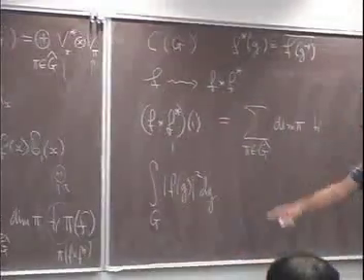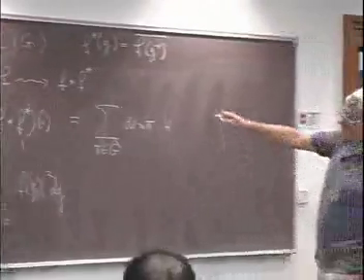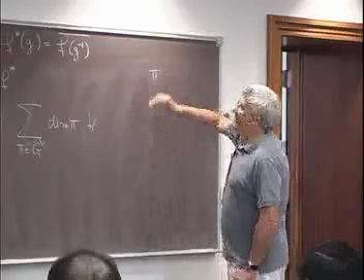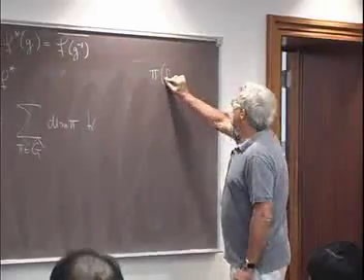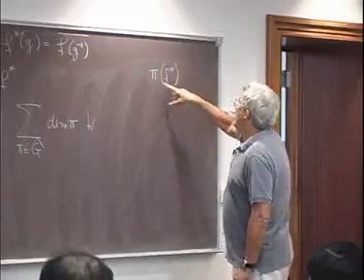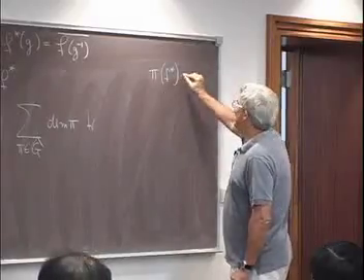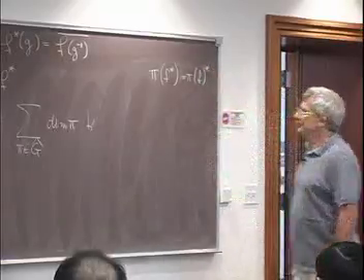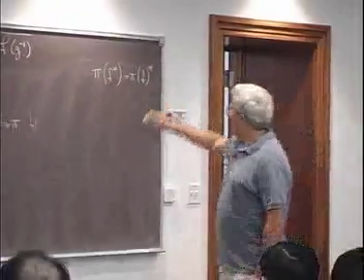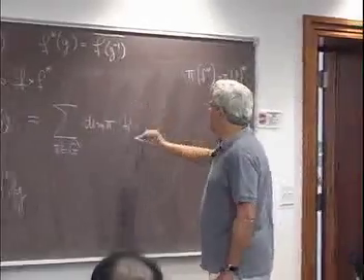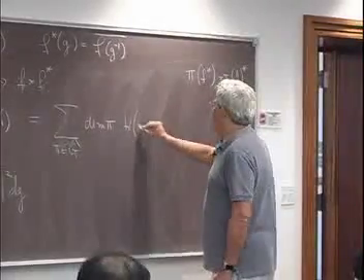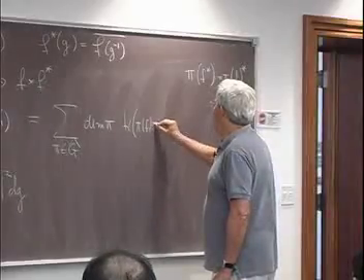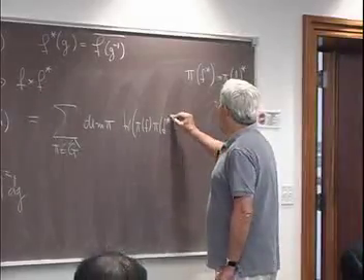Now convolution goes into product, and this star is set up in such a way, something you can easily check, that pi of f star, if pi is unitary, is pi of f star. So this expression can be written as the trace of pi f times pi f star.